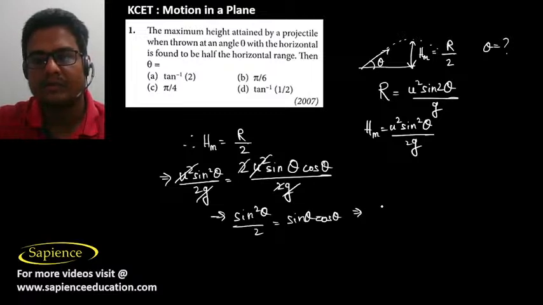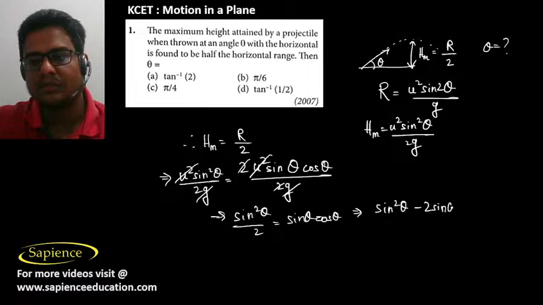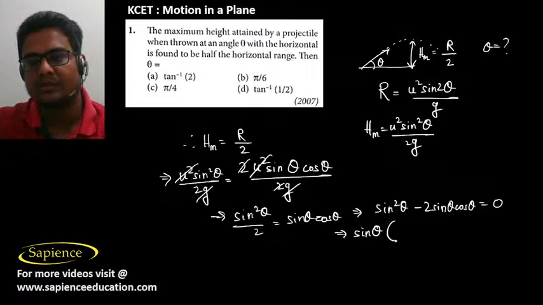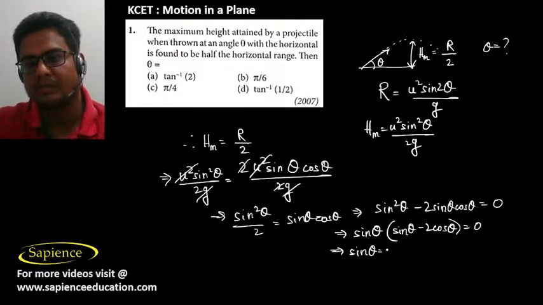So we can say that sine square theta minus 2 sine theta cos theta is equal to 0. If we take sine theta as common, then this will be sine theta into sine theta minus 2 cos theta equal to 0. So sine theta will be equal to 0, or sine theta is equal to 2 cos theta.